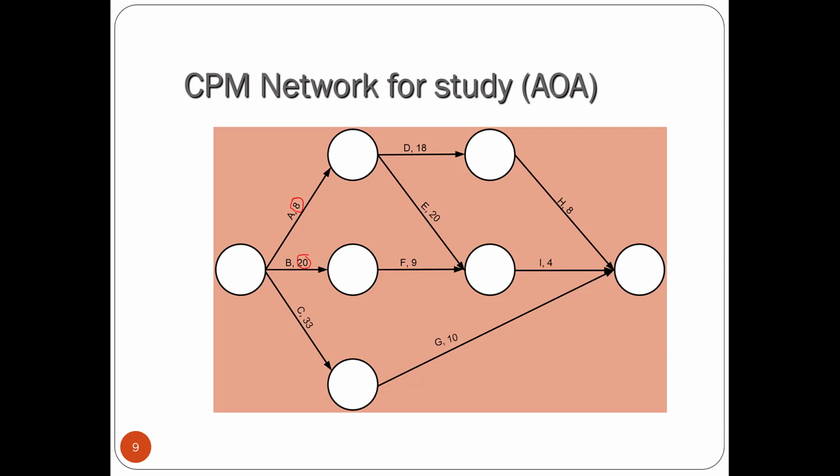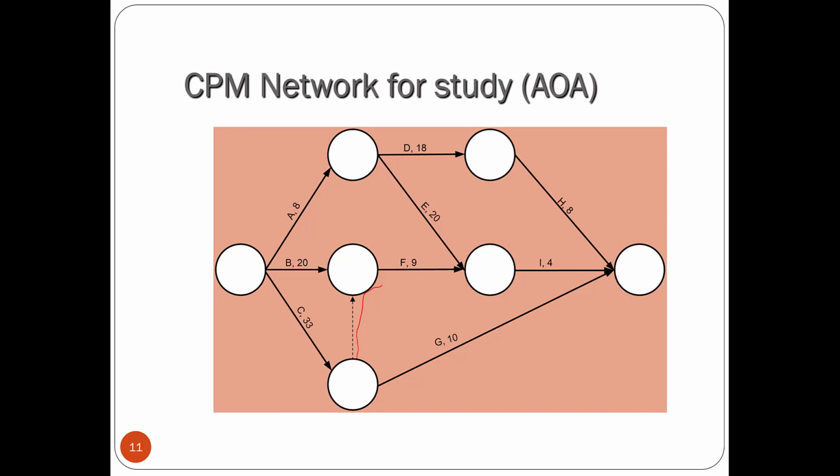So C is here. How do we make it represent it's also a predecessor of F? We're going to introduce this dummy arrow here. So you can see that C now is also a predecessor of F. So F has to wait until both B and C are completed because of this dummy arrow here.